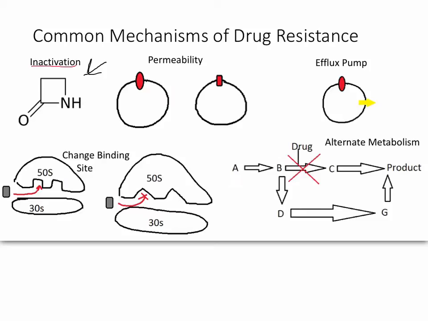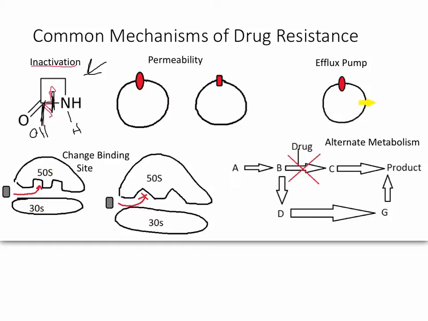For example, a lactamase will actually break this bond right here by adding water. So it'll add an OH group here, and then it'll add a hydrogen here, breaking this bond at the same time. So it breaks the bond of the beta-lactam, and that inactivates the beta-lactam, makes it not work anymore.